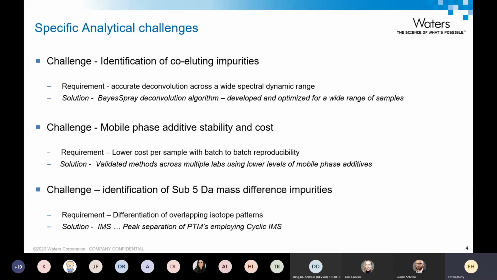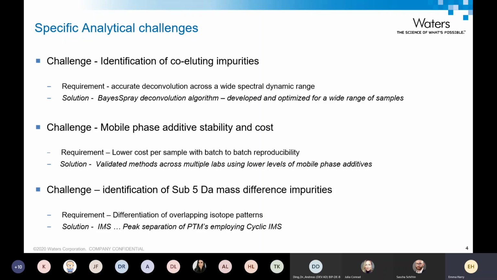Another challenge that we're very aware of is the mobile phase additives. Not only their stability, things like HFIP go off very quickly. There are results out there showing differences and variations in stability over a 12-hour period. And we also know they're really expensive. So if you're doing QC type analyses and running high throughput analyses, it's the cost per sample.